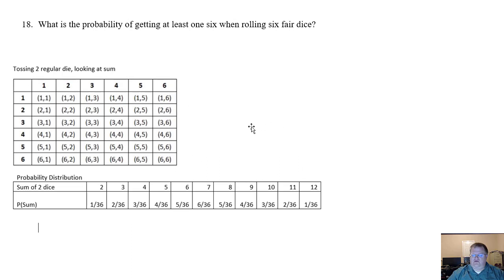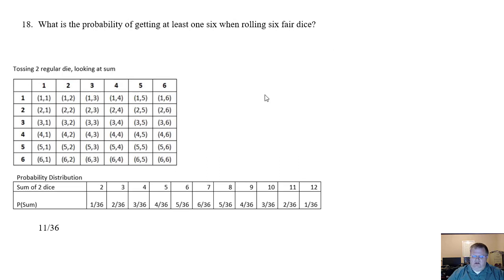Okay, so one way we can do this is we can look at the chart and count up how many times a 6 shows up. So there are 6 times here and 6 times here, but this guy shows up twice. So it's really these 6 and these 5. So 11 out of 36 would be one way we could get this answer.